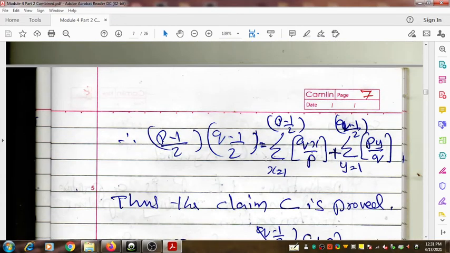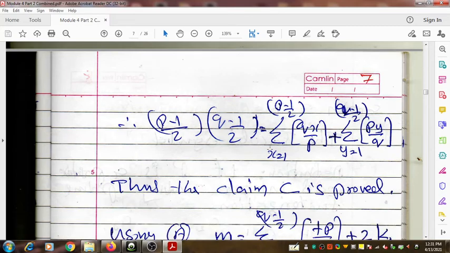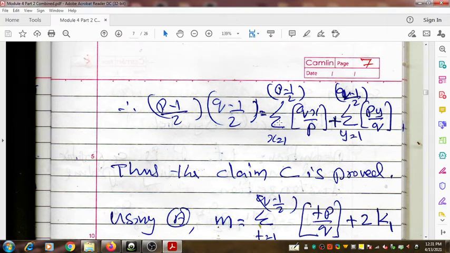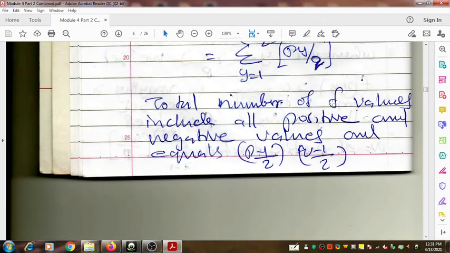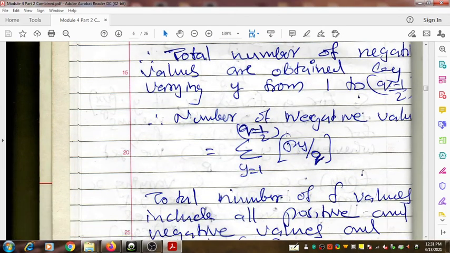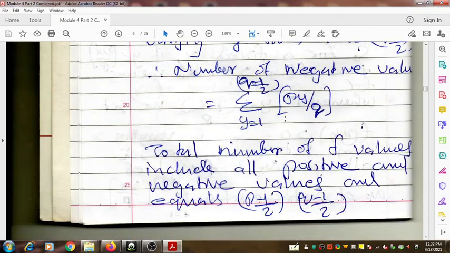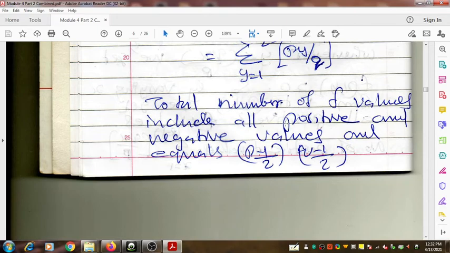Another way we can write this quantity is the summation from x equal to 1 to p minus 1 by 2 plus the summation from y equal to 1 to q minus 1 by 2, by adding the two quantities. Since we calculated the negative function values and positive function values independently and separately.